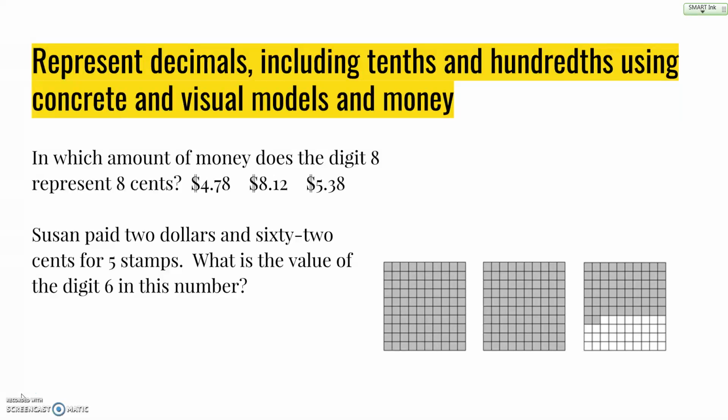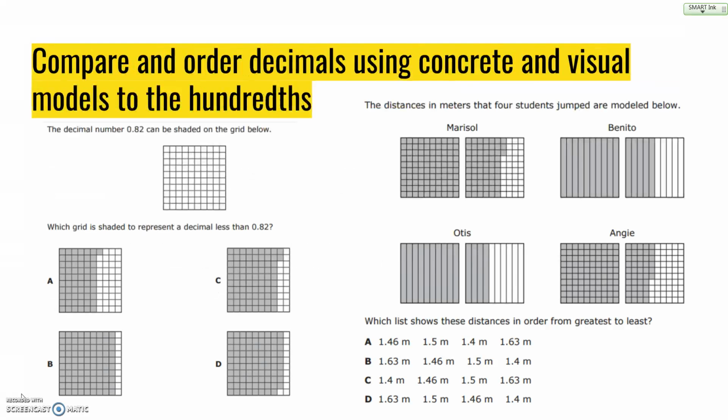There's a picture to help them visualize what $2.62 looks like. And then they would probably write down that number in standard form. And then they would see that the value of the digit 6 is actually 6/10 because the 6 is in the tenths place. They're going to compare and order decimals using concrete and visual models to the hundredths.